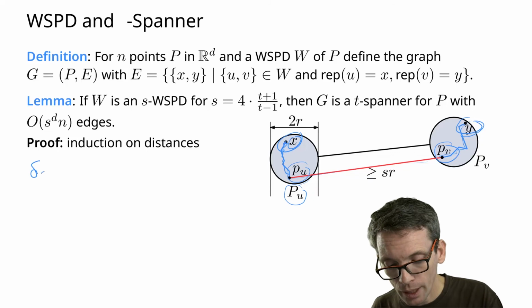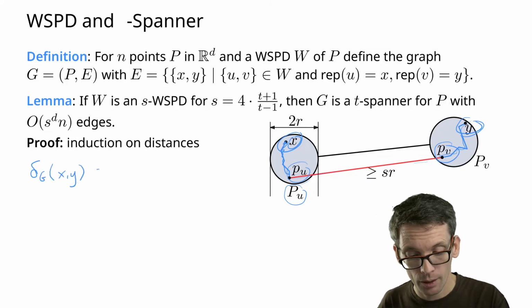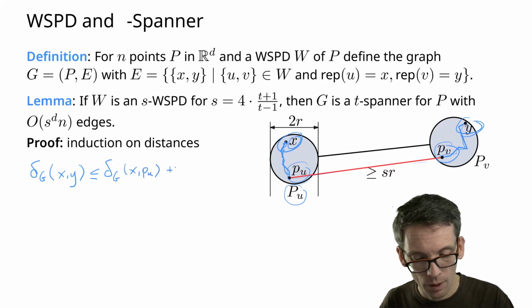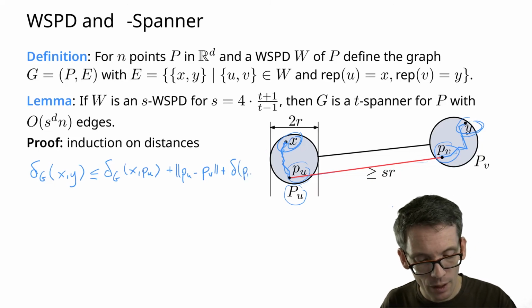So what we get is that the graph distance between x and y is bounded by the graph distance between x and p_u, plus simply the length of that edge, which is the Euclidean distance, plus the graph distance to get from p_v to y.